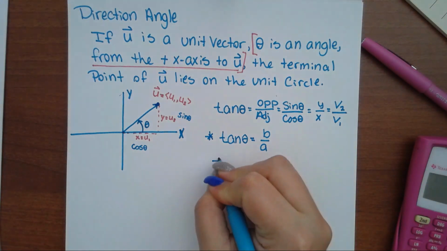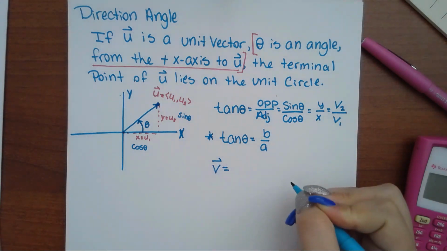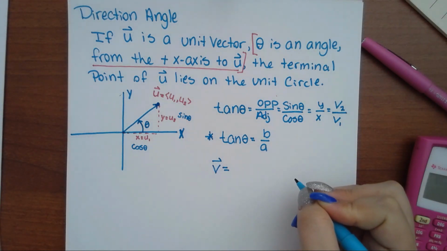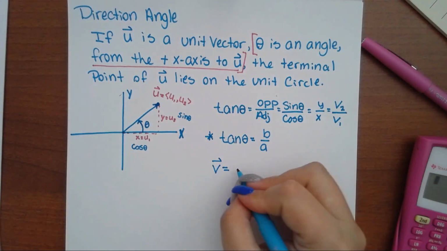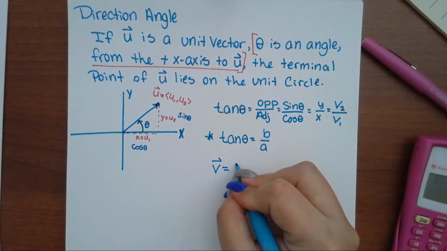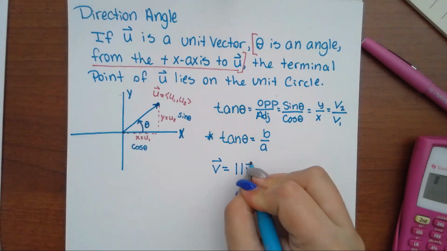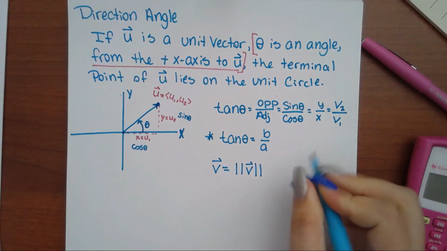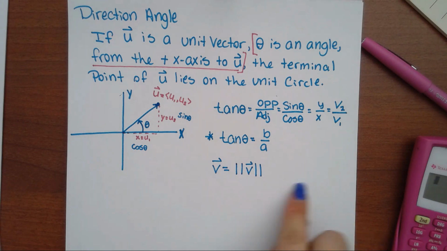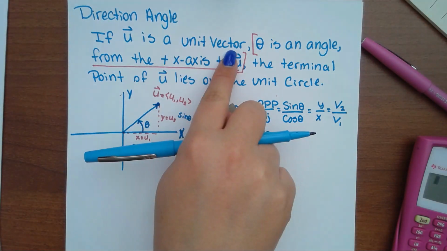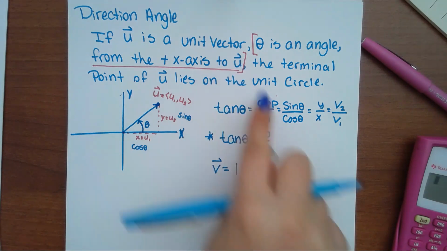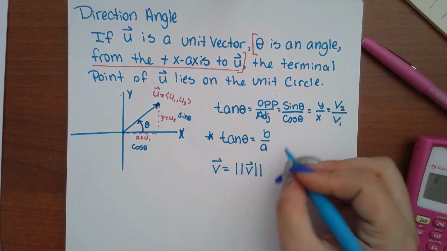Another formula that you need to know, okay, is to find the vector. So to write the vector in component form, if you have the direction angle, you take the magnitude of your vector, so the length of your vector, because remember, this direction angle is usually used when you have a unit vector, so the unit vector has no length other than 1. So you'd have to have magnitude, and then you would have to have a vector.